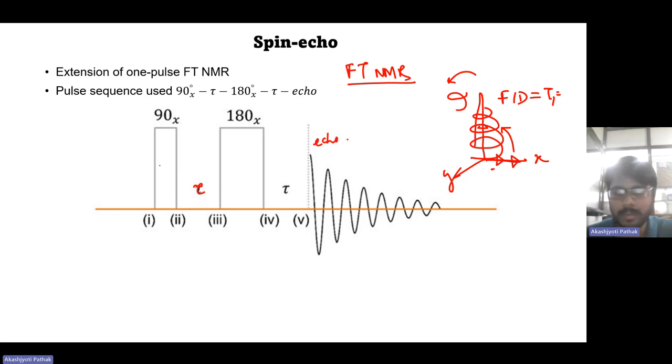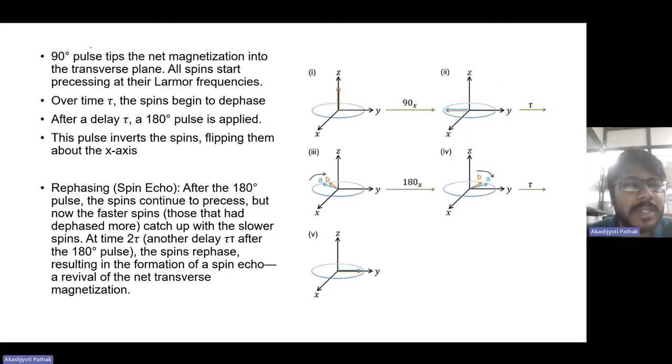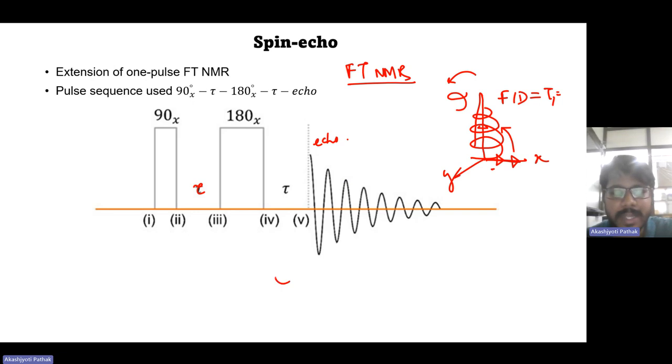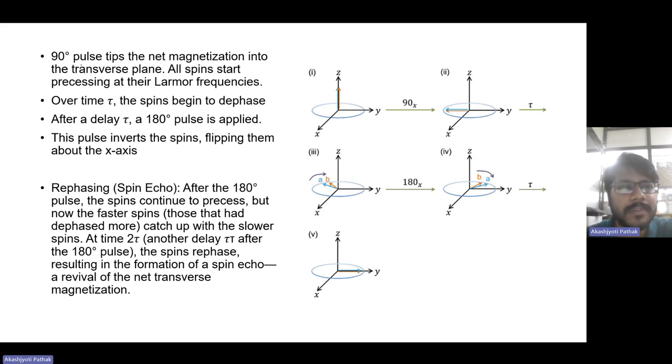Let's understand this with the help of a diagram shown in the next slide. So remember the sequence: 90-degree pulse followed by tau, 180x, and then we record the echo. We record the signal after 2 tau. The first 90-degree pulse tips the net magnetization into the transverse plane.